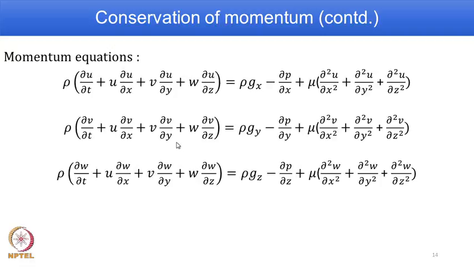Now you see the advantage of writing in vector form and in scalar form. In vector form these three equations with so many terms are written elegantly in one simple equation with only two terms, whereas in scalar form you are able to write in detail and one can actually locate which component is responsible for what.